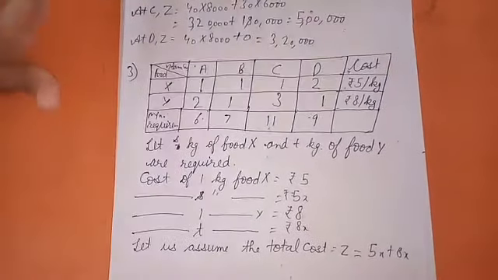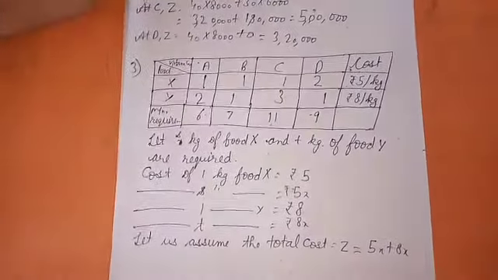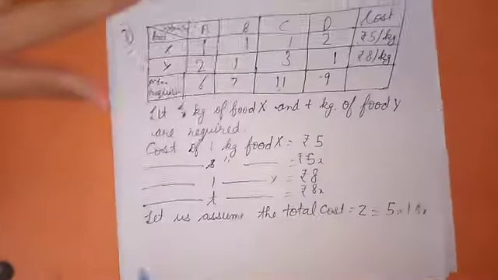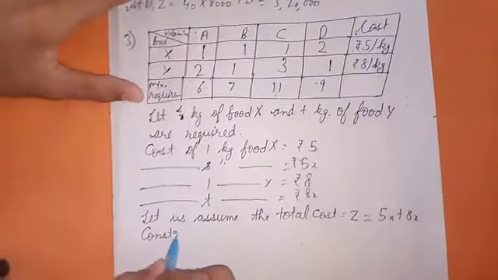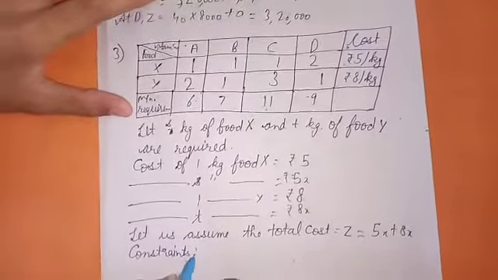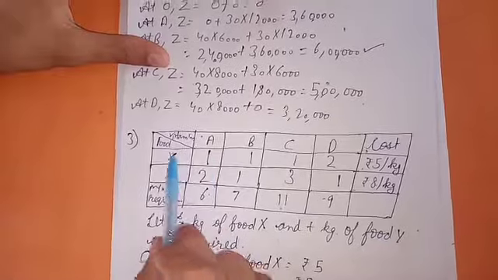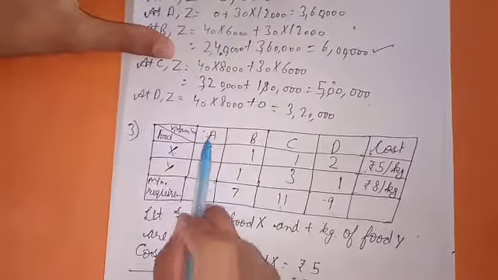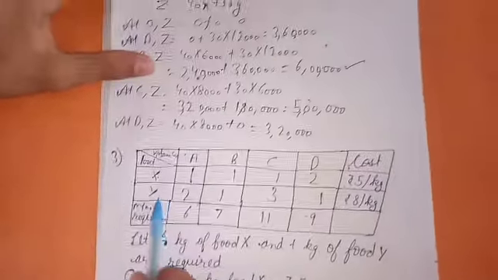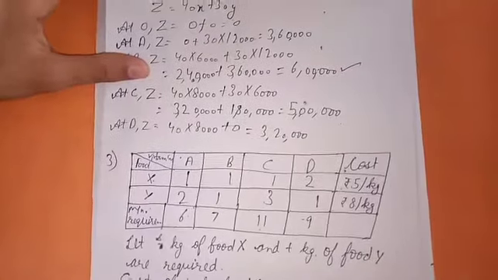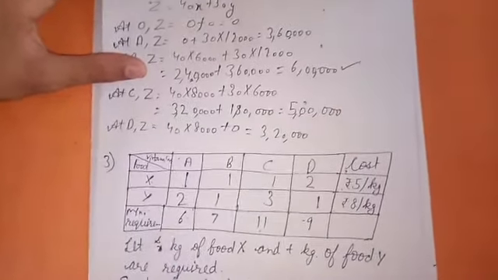Now if we talk about constraints, I am just writing the constraints here. First, we will write that food X gives 1 unit of vitamin A and food Y gives 2 units of vitamin A, and the minimum requirement is 6 units.